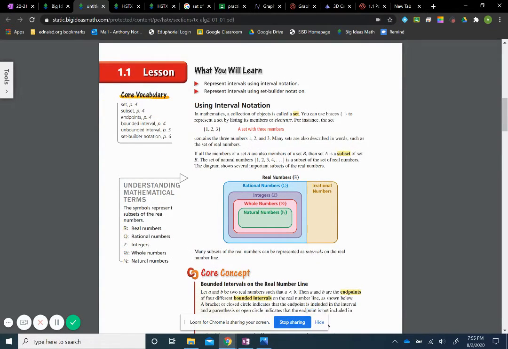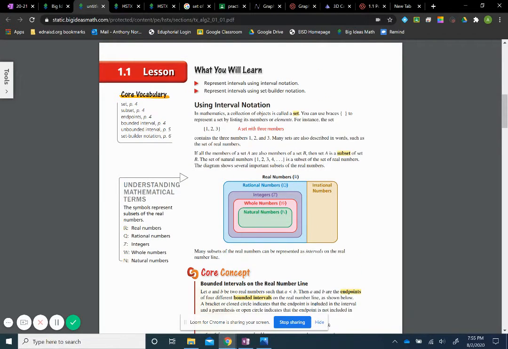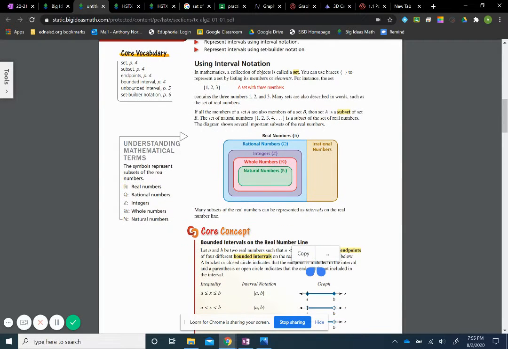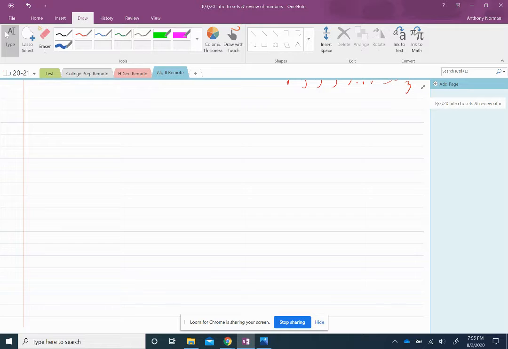Okay, not all the 2Ks, but pretty dang close. So we have a collection of objects. We write a collection of objects in curly braces. I'm terrible at writing these. So this is a set of numbers.